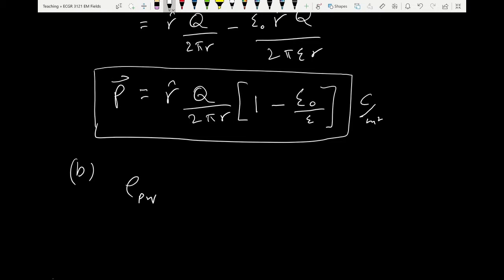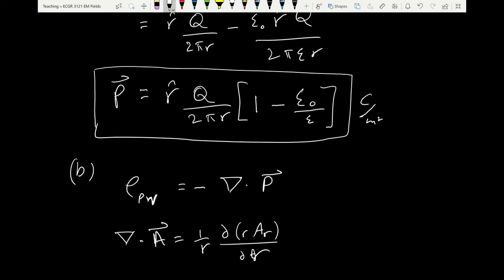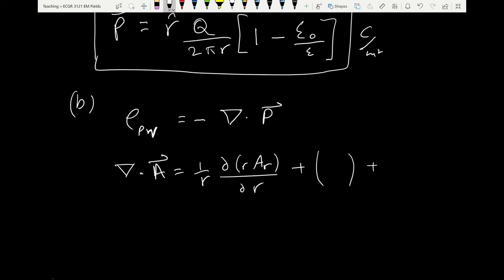Rho PV, we derived this in the last lecture, is minus the divergence of P, right? And then the divergence of P, divergence in cylindrical coordinates, is 1 over r d over dr of r A_r, plus some term that is the derivative with respect to phi, and some term that's the derivative with respect to z, right?